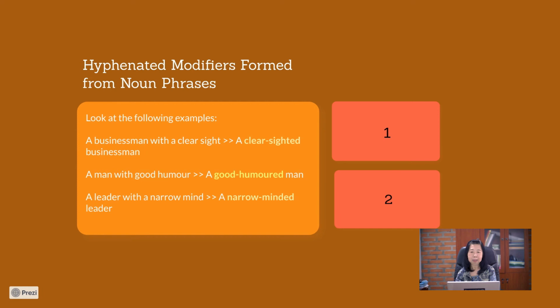A clear sight is a noun phrase, and this becomes a clear-sighted businessman. A man with good humor becomes a good-humored man. A leader with a narrow mind becomes a narrow-minded leader.